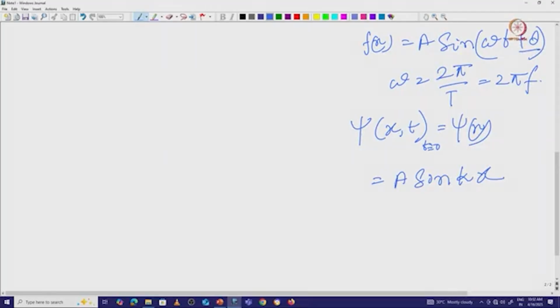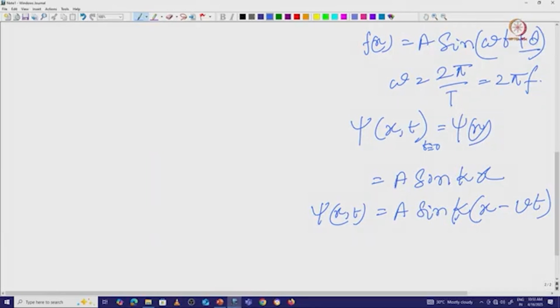You can consider that the wave has a velocity v and it is going in the positive direction in x, then we can change that formula to something like this. Considering x and t, we can write y equals a sine k x minus v t.